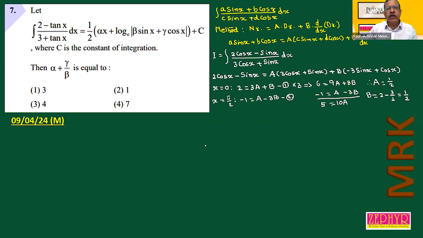Okay. So what about our integral now? Therefore, I equal to integral, A into 1 by 2 into 3 cos x plus sin x. Numerator I am writing like this.